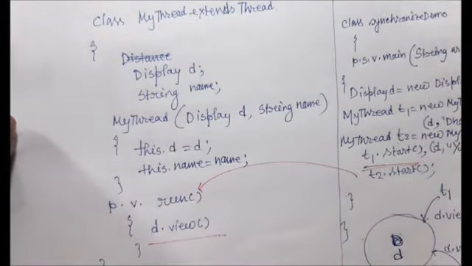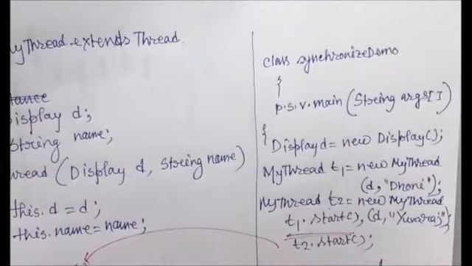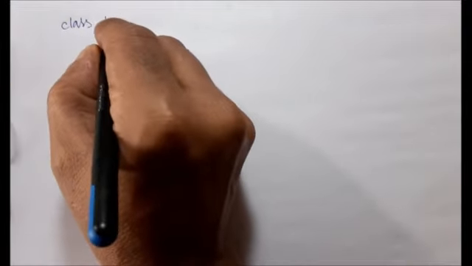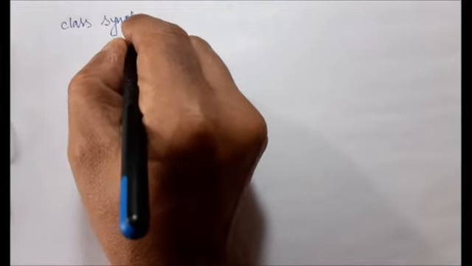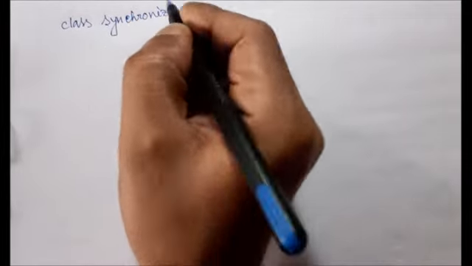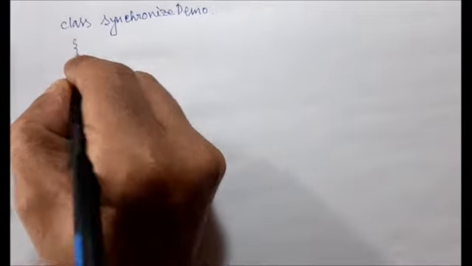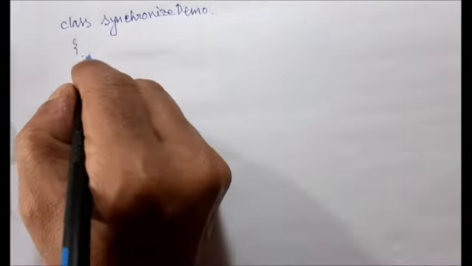Now consider there are two objects. So let me write the class with two objects. What is the class? Class SynchronizeDemo.